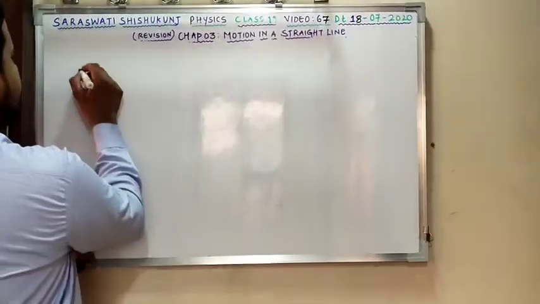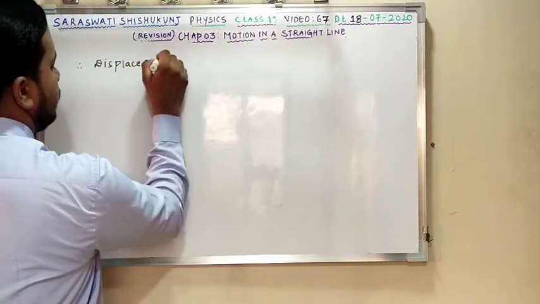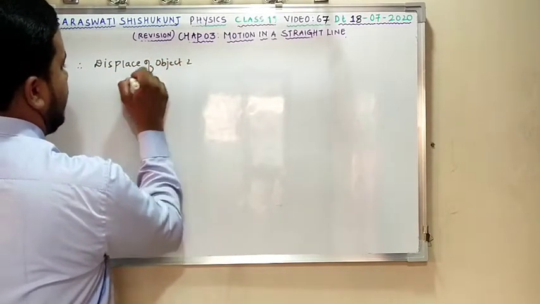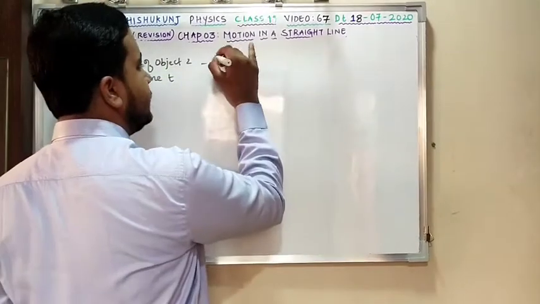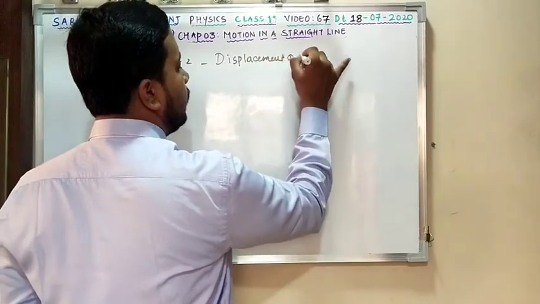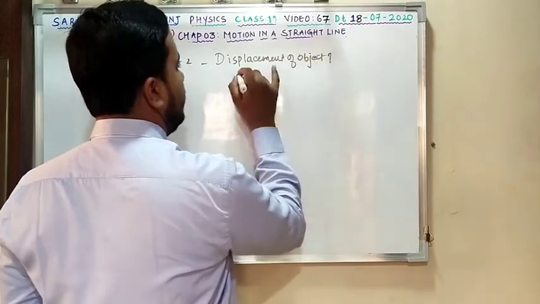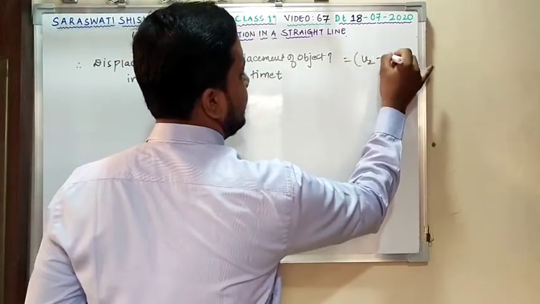Again I am repeating: displacement of object 2 in time t, yes or no, minus displacement of object 1 in time t, very good, is equal to (v2 minus v1) into t.